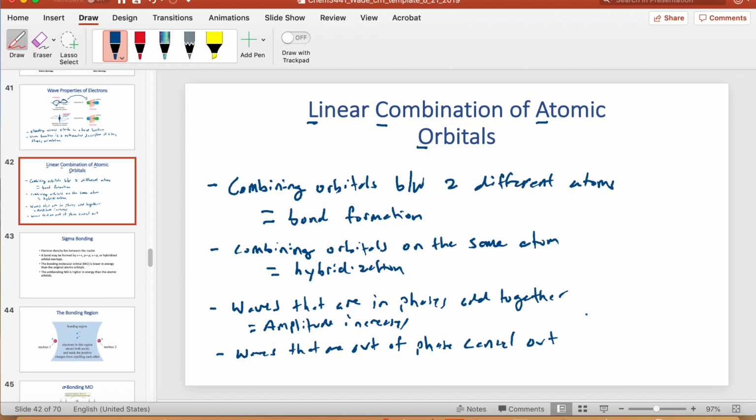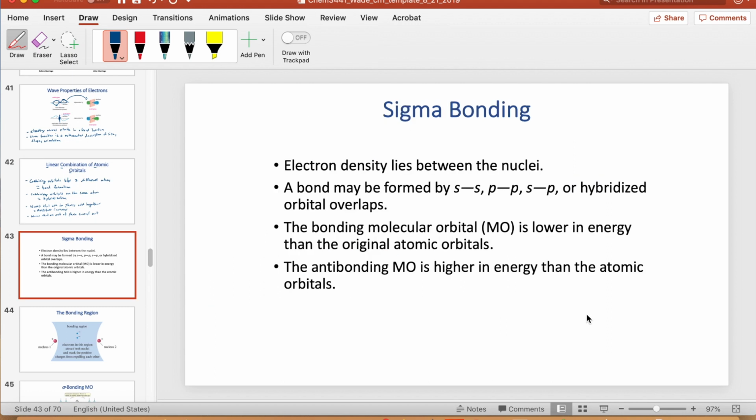Let's first talk about sigma bonding. When we look at sigma bonding, we can think about where the electron density is, and this is in between the two nuclei. For example, you can have some element and another element, and we're going to form a sigma bond in between these two. The electrons within the bond are between the two nuclei of each element.